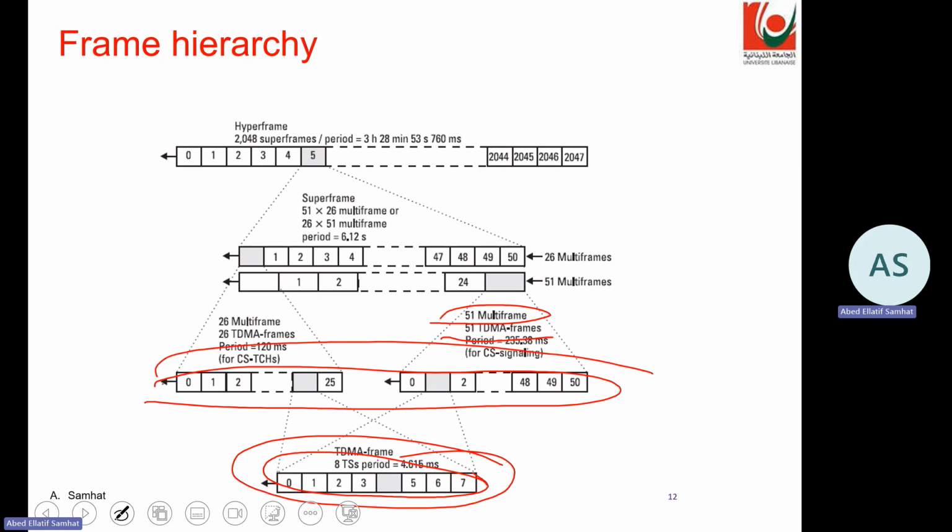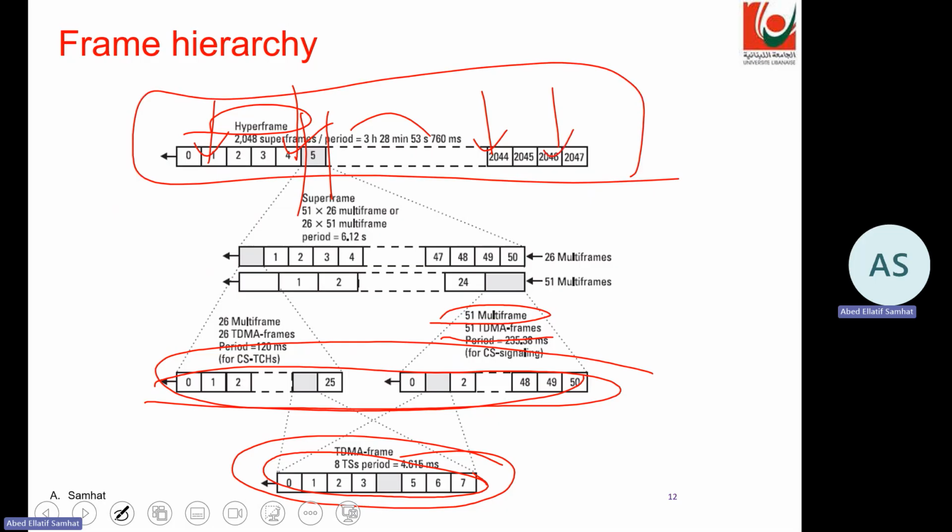This multi-frame is also a part of a big hyperframe, which consists of 2000 superframes, which is a period of 3.5 hours. So it's possible to allocate over this period of time in GSM because it's well defined in the standards.